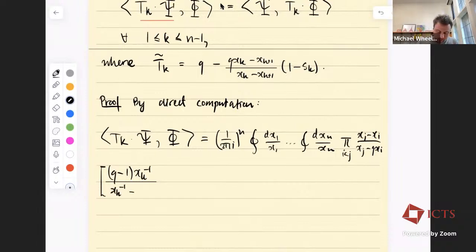All of these variables are inverted here because the inversion is part of the definition of the scalar product.